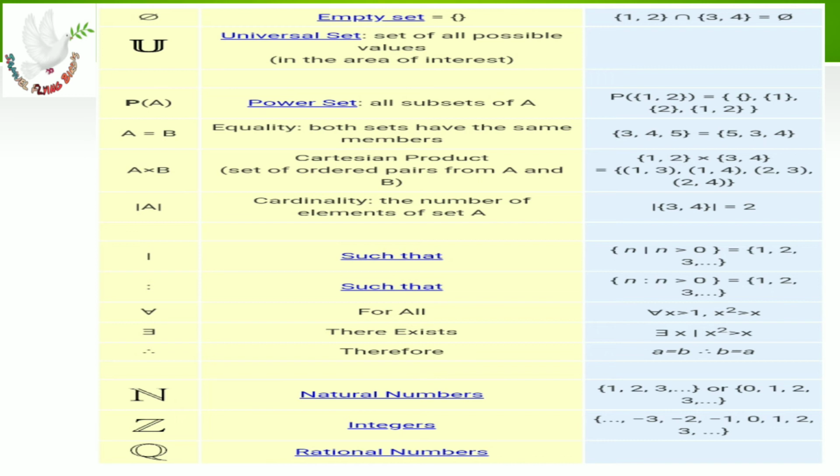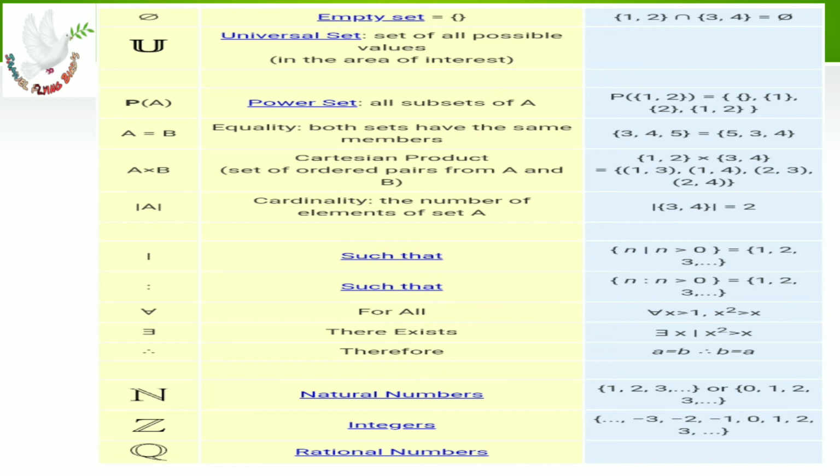For all can be written as an inverted A. For all means for all. For example, for all x greater than 1, x square is greater than x.